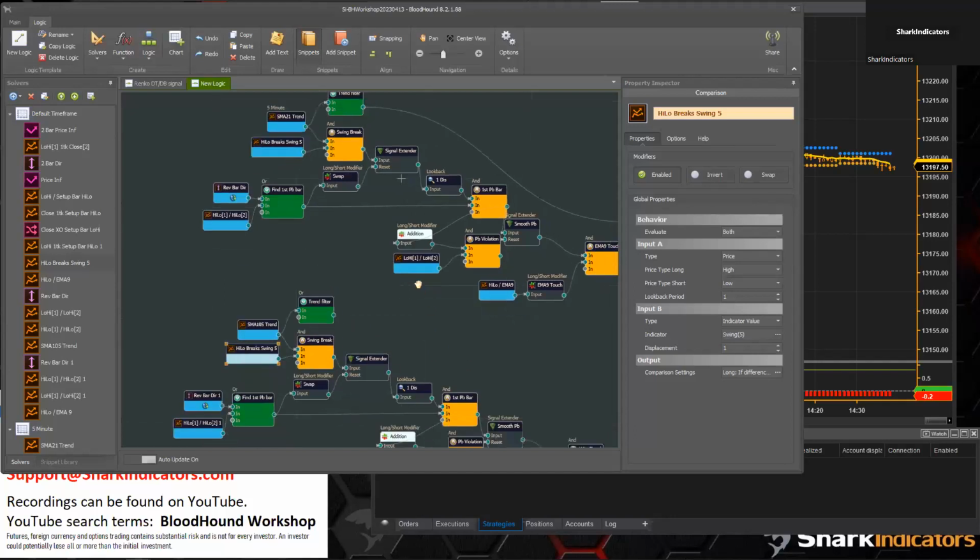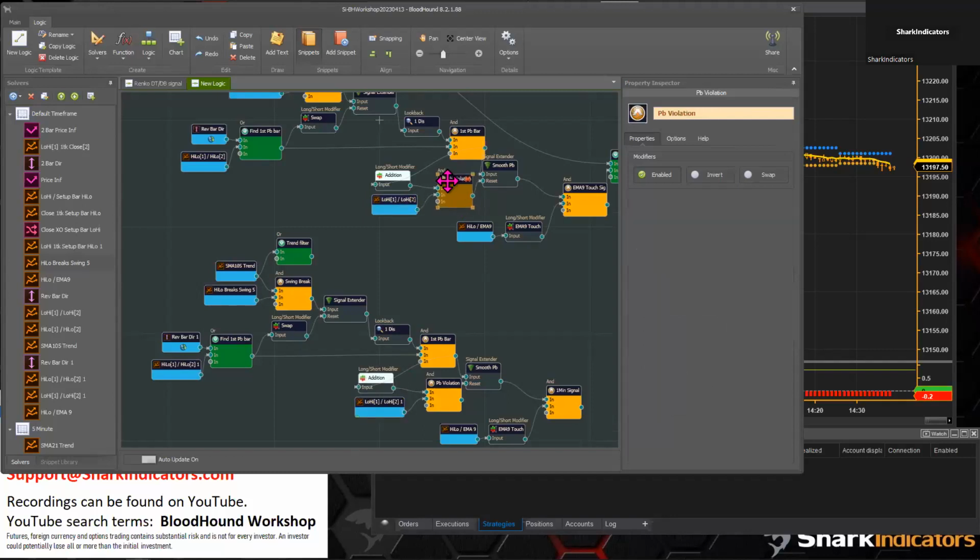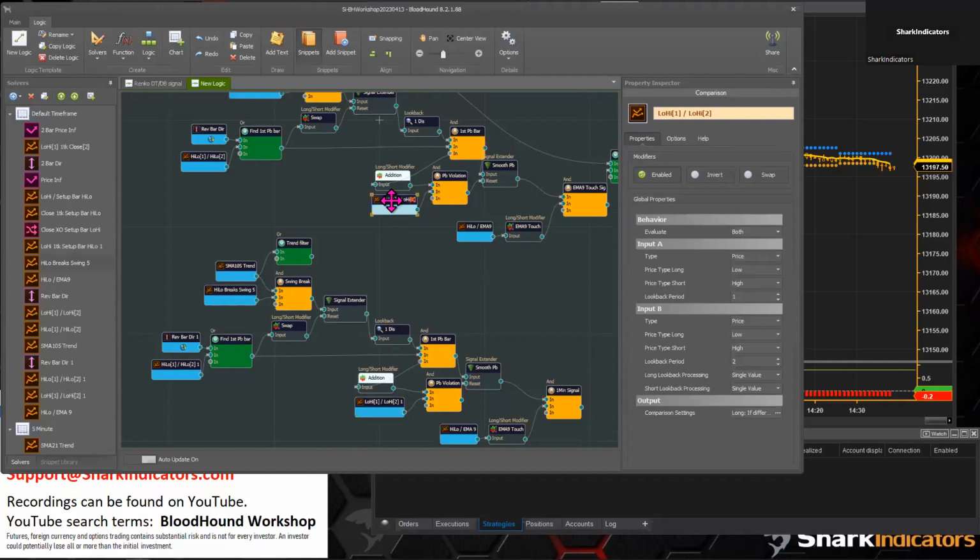And something else here: you could consolidate both of these resets. I have two solvers both doing the exact same task, so I have two calculations of the same calculation.